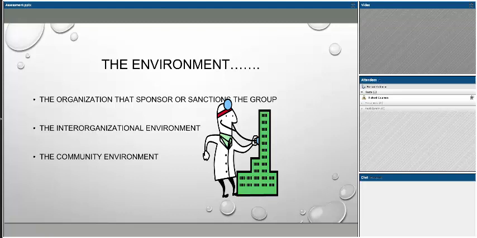As well, when we think about the community environment, it's about the impact that these groups may or may not have on the community. So, for example, historically in Hispanic and African American communities, support groups for people with Alzheimer's may not be very successful because of some of the cultural nuances and the stigma that's attached to this particular disease in those communities.